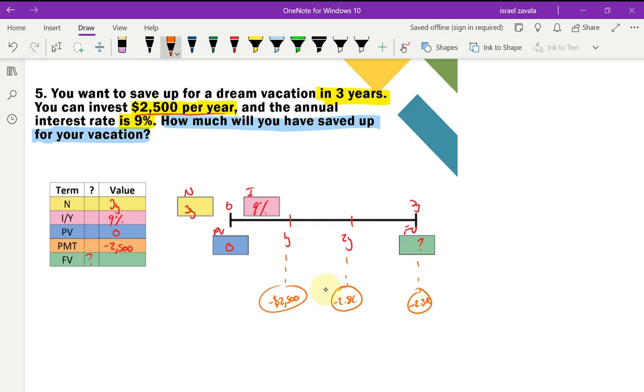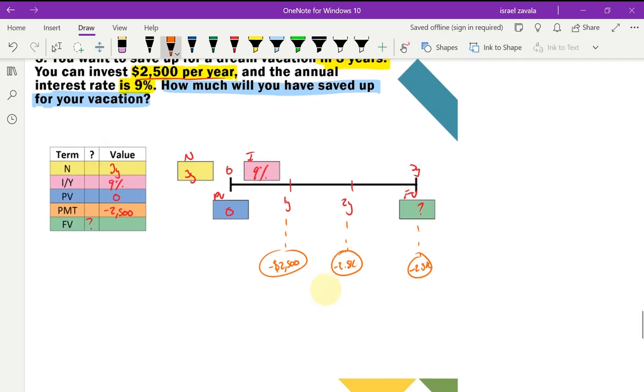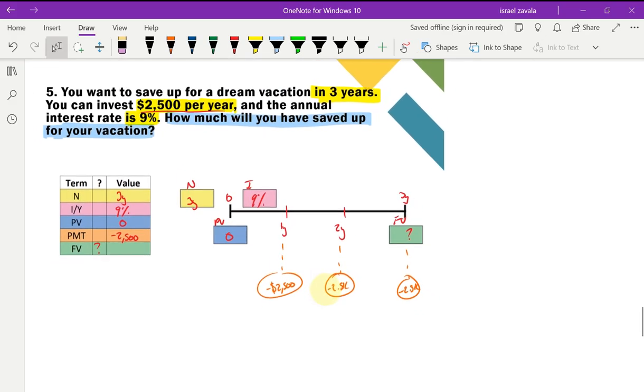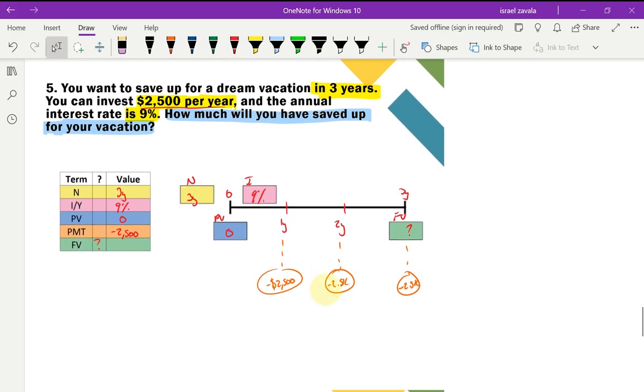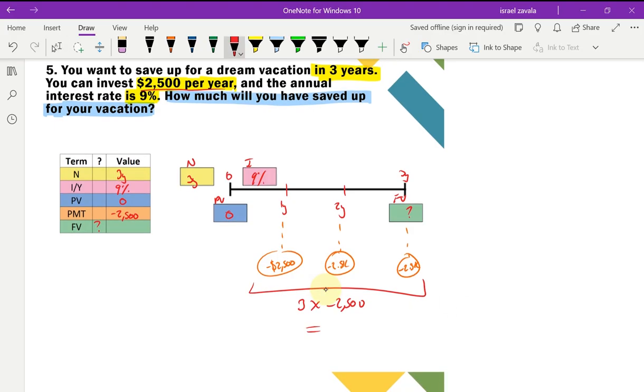All right, so usually I launch into the time value of money, but I really just want to pause really quick and give you guys a way to check your work. If you think about this, these are 3 payments of 2,500. So if you just stuck this money under your mattress, you would expect to have $7,500.